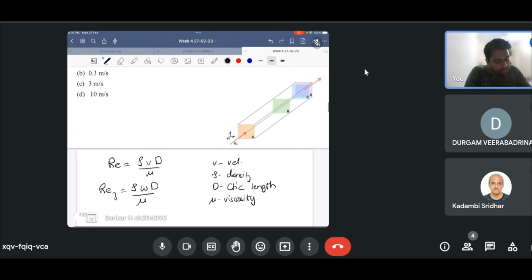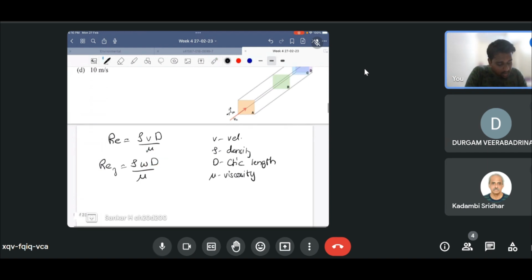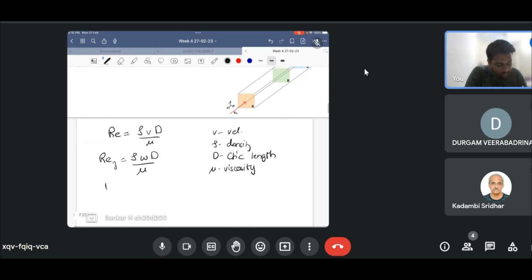But again, we need to find out what this d stands for, and for any general case, we have to define something known as the hydraulic diameter, which is basically the total surface area divided by wetted perimeter.